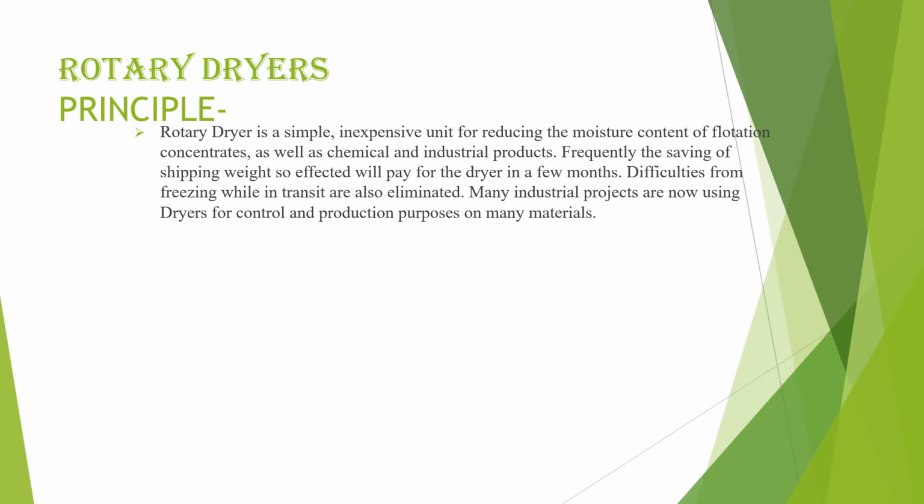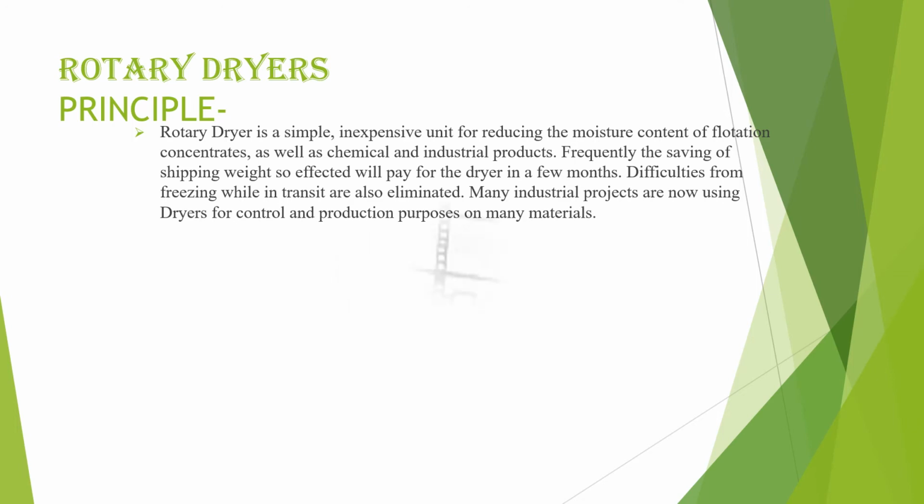Difficulties from freezing while in transit are also eliminated. Many individual projects are now using dryers for control and production purposes on many materials. So here it's an inexpensive unit to reduce moisture content of flotation concentrates as well as chemical and individual products. Okay, so this is the principle.